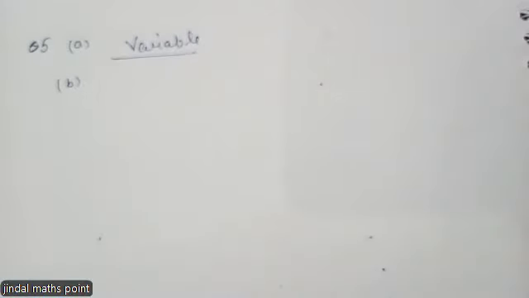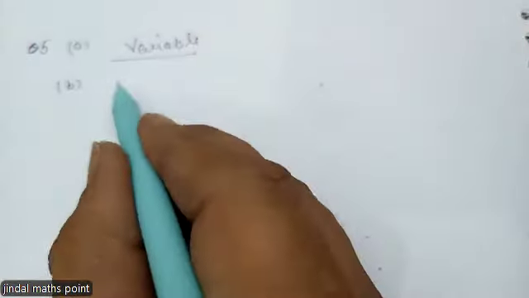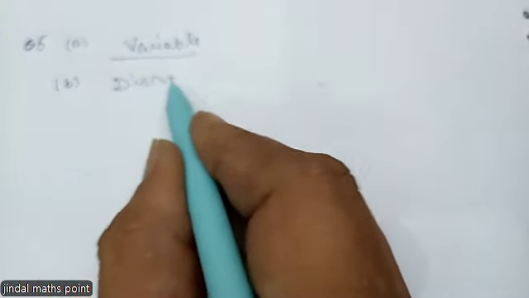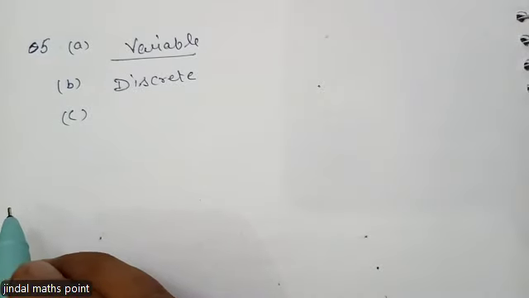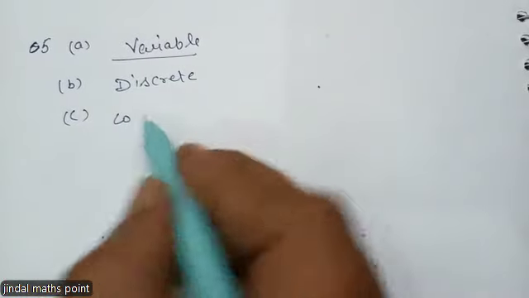Second, size of shoes. Shoe size is a discrete variable. C. Daily temperature is a continuous variable. Temperature is in decimal.